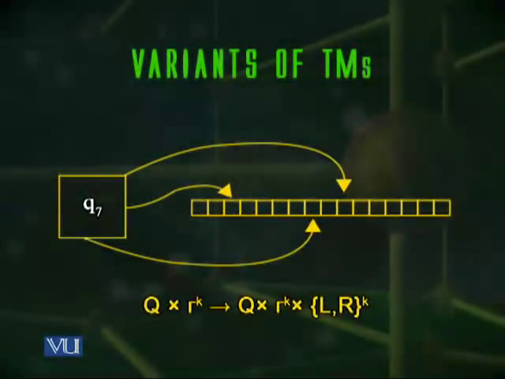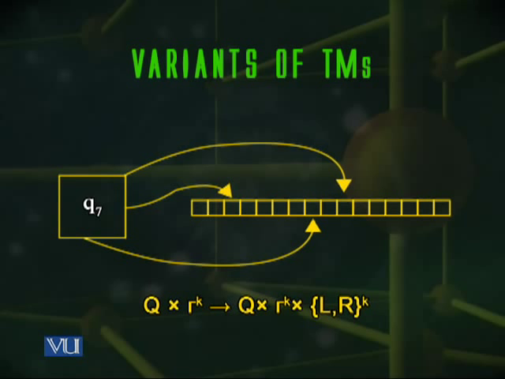Another variant of a Turing machine is what is called a multi-head Turing machine. This kind of Turing machine only has one read-write tape. However, instead of just having one head, this Turing machine has several heads which scan the input. So for example, the Turing machine may have 2, 3 or 5 heads. In general, the Turing machine will have K heads.